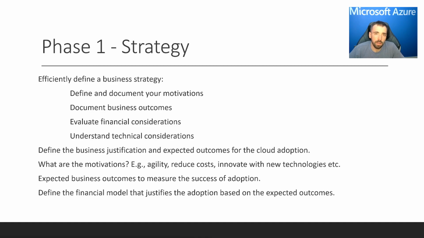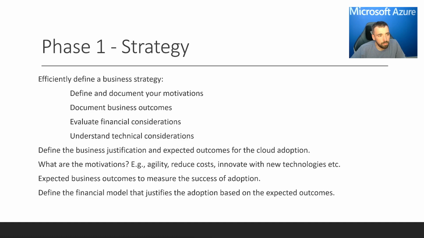If we were to go about a cloud adoption without the business outcomes in mind, we could be attempting to adopt the cloud without direction, which can leave us in a situation where we're likely to be unsuccessful in meeting business objectives.